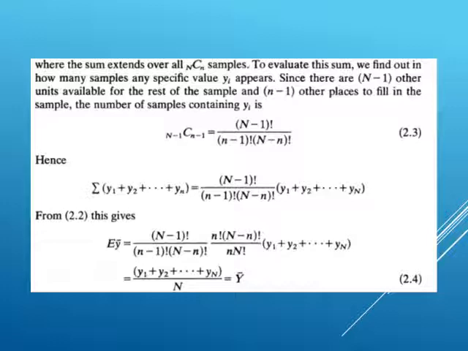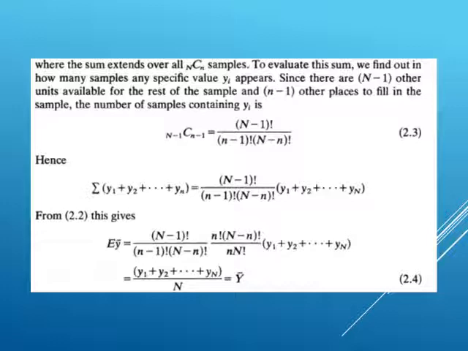To evaluate the sum, we find out in how many samples any specific value y_i appears, since there are N minus 1 other units available for the rest of the sample and n minus 1 other places to fill in the sample. The number of samples containing y_i is N minus 1 combination n minus 1. So, hence, the summation of y1, y2 up to yn equals factorial N minus 1 over factorial n minus 1 times factorial N minus n, times y1, y2 up to yn.